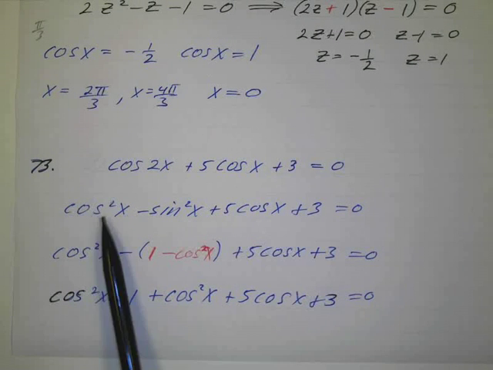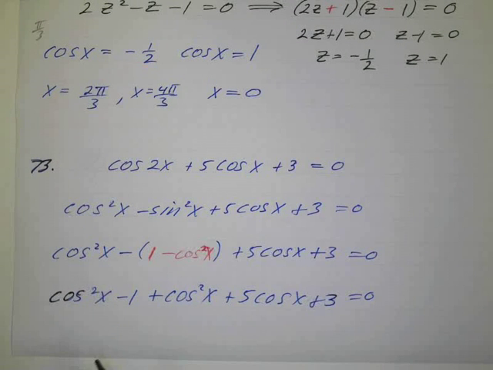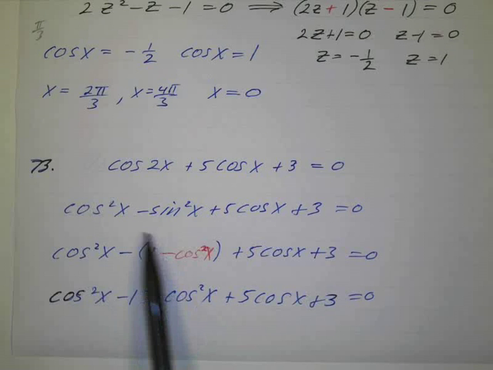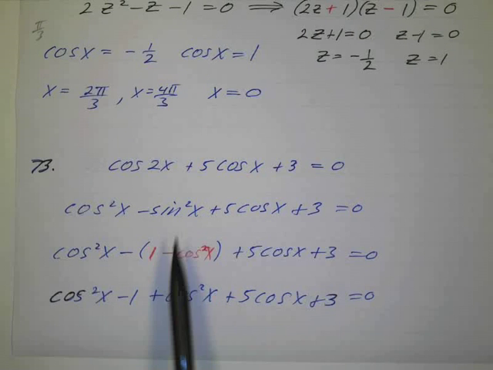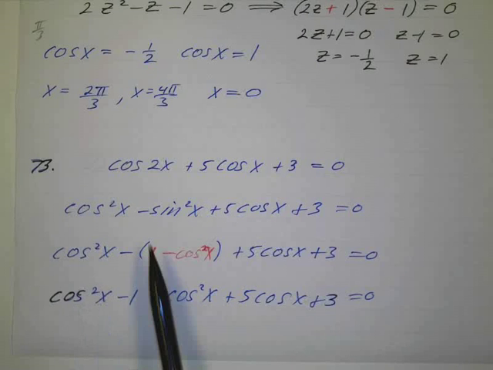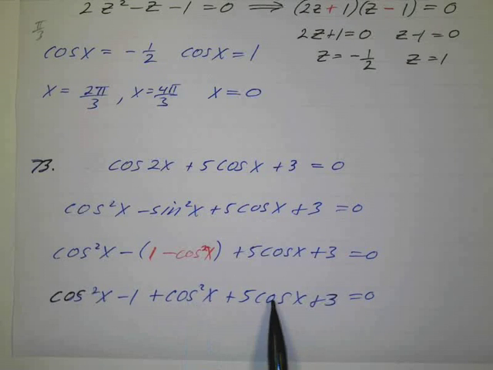Then again, try to get everything in terms of the cosine, so I'll just use my Pythagorean identity. So instead of writing sine squared of x, I'll write 1 minus the cosine squared of x. Remove the parentheses, cosine squared of x, negative 1 plus cosine squared of x plus 5 cosine of x plus 3 equals 0.